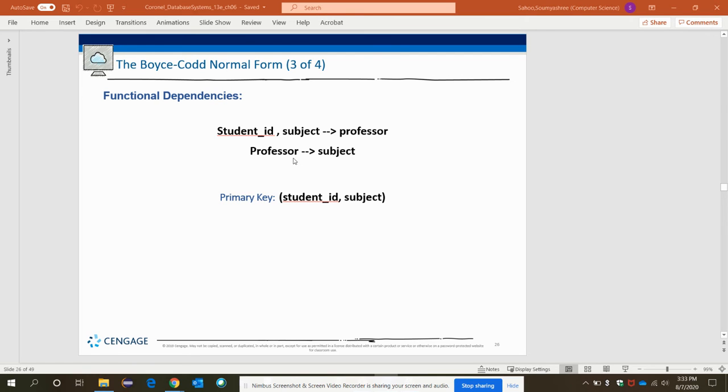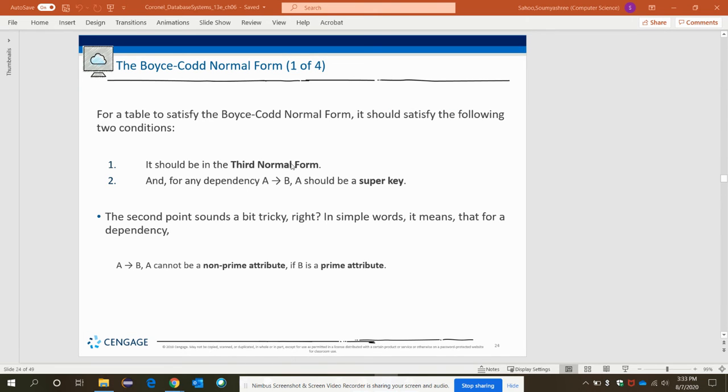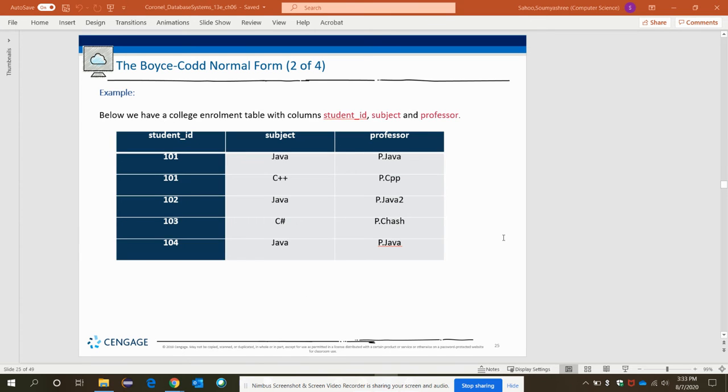No, this is a primary key, and professor is not a part of the primary key, so no partial dependency. Does it have a transitive dependency? No, it doesn't look like it. So can we say this is in third normal form? Yes, this is in third normal form. So now we can move on to BCNF. As BCNF says, it should be in third normal form. The first condition is satisfied, but one of the other two conditions should hold true: the super key one or the prime and non-prime one.